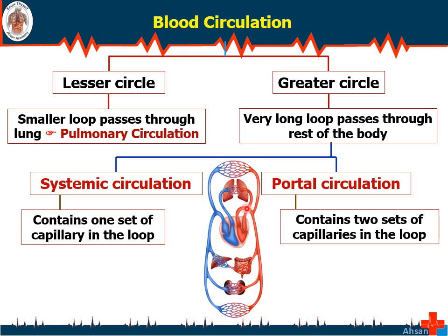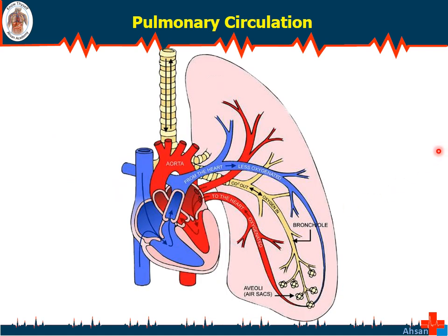This is going to the head and neck region, making one capillary and returning back. Another is going to the lower part of the body, making one capillary and returning back. It also goes through the kidney, one capillary, returning back. This is systemic circulation. If it goes through one set, then a second set with different functions. Look, this is the pulmonary circulation.